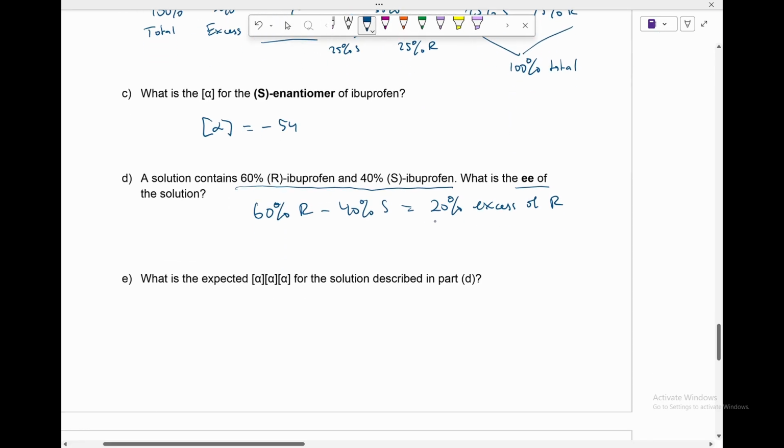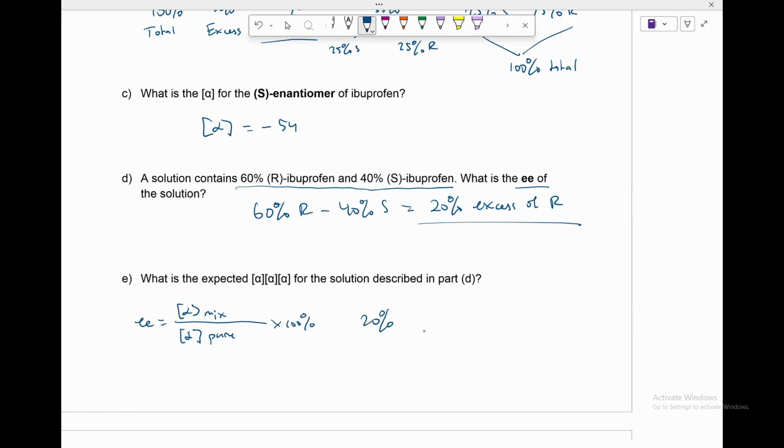Okay, and since I have a 20% excess of R, I want to know the specific rotation of this solution. So I know that EE is equal to the specific rotation of the mixture divided by the specific rotation of pure times 100%. Well, the enantiomeric excess is 20, and I know the pure for R is 54, but I don't know the specific rotation for the mixture.